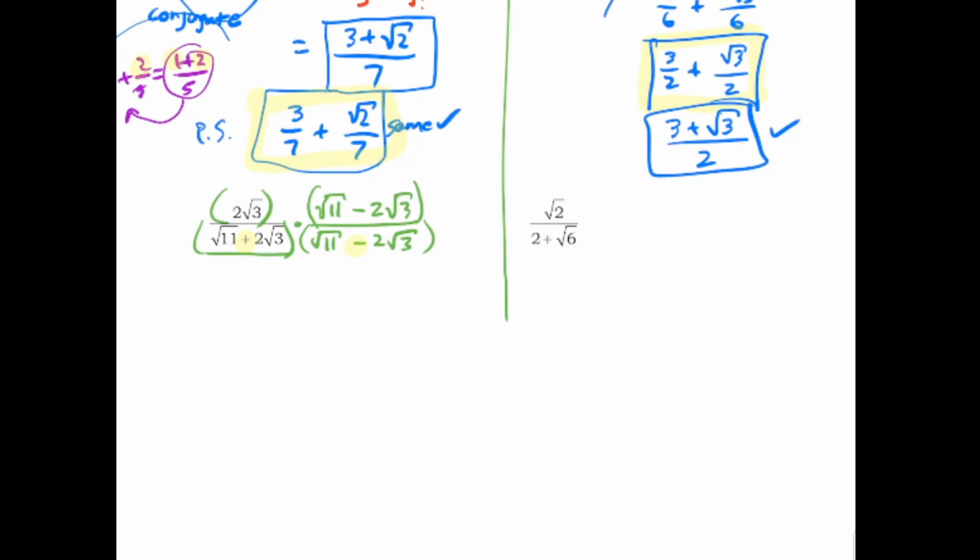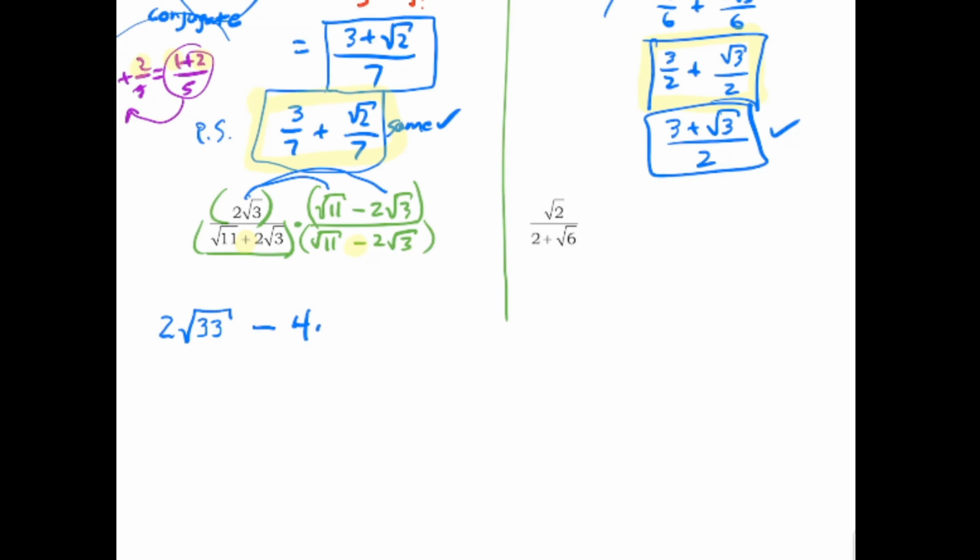Okay, let's maybe change colors. On the top, distribute. Now we remember how to multiply radical terms together, insides and outsides separately. So 2 on the outside is the only thing on the outside. On the inside is 3 times 11, which is 33. It is what it is. Minus. Now you go this times this. On the outside, 2 times 2 is 4.